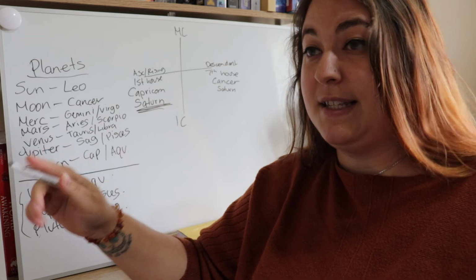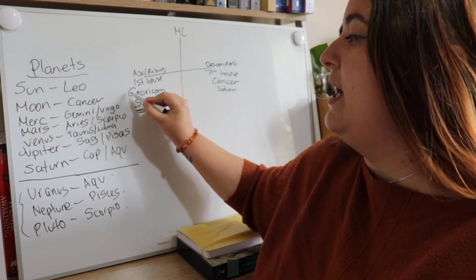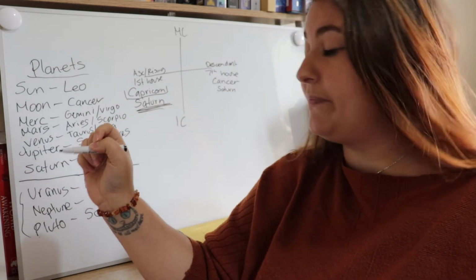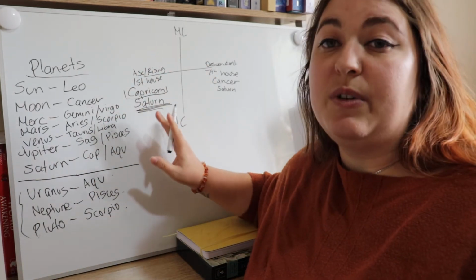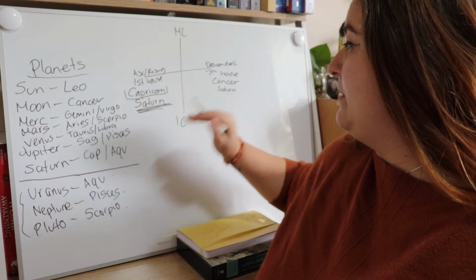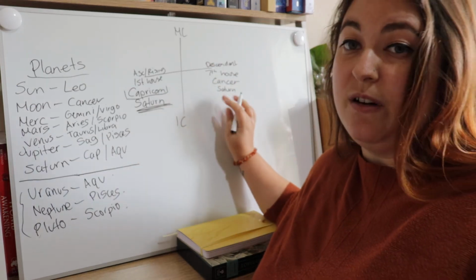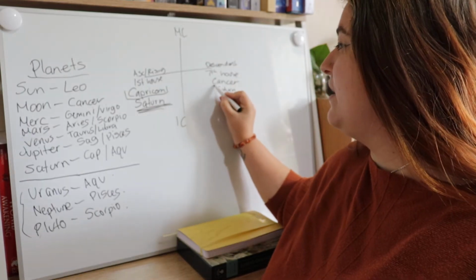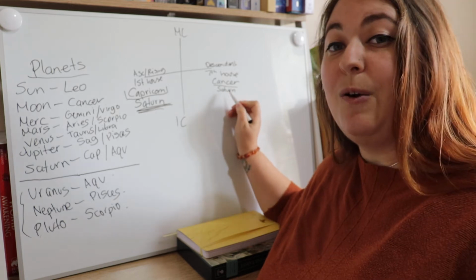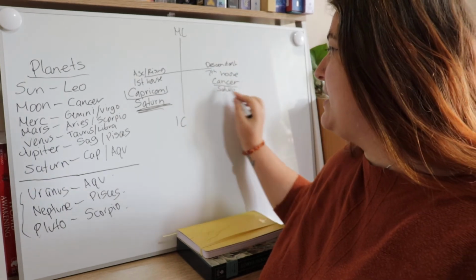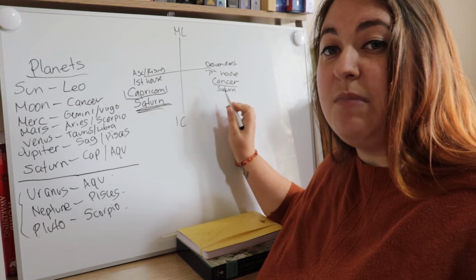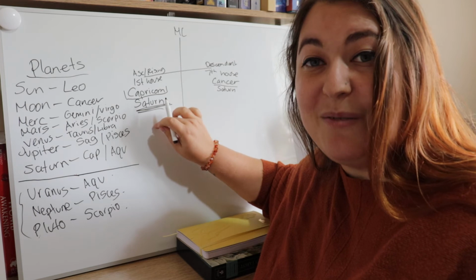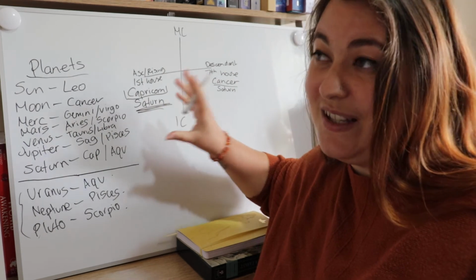The chart ruler, as I said, is always the ruler of the zodiac sign that rules your ascendant. So why is it important to know where it's situated? Because if he's in a different house, let's say he's over here in Cancer for me, which is my 7th house, then he's going to take on that Cancerian energy and that 7th house energy as well. He may not be as intense as he is for me in the 1st house, where his energy is very intense.